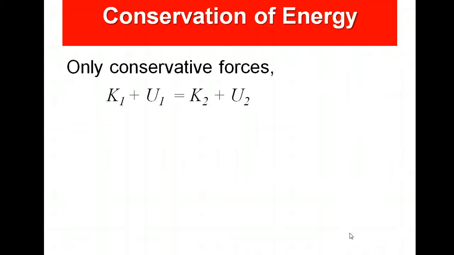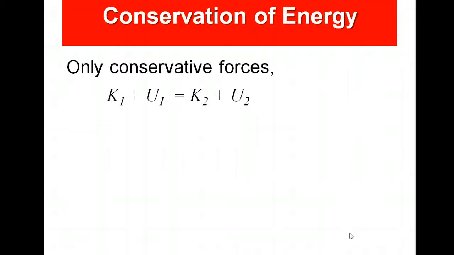That the energy, kinetic plus potential, is conserved, is constant. Now there are other ways of expressing this law of conservation of energy, but I don't think any of them are as clear as this.